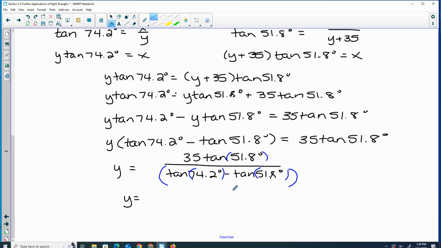So I get my y to be 19.6527. Did you guys get that?